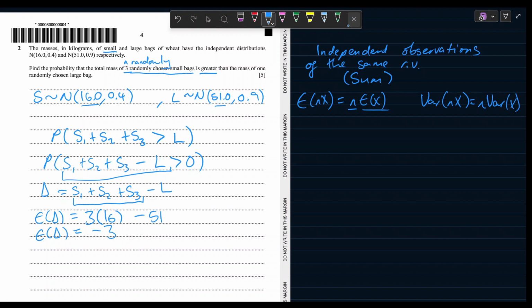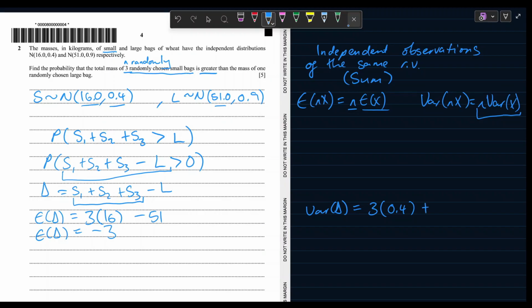And we also want the variance. The variance of D is going to be equal, it's n by x. So for these first 3, it's going to be 3 multiplied by the variance here, which is 0.4. And then we want the variance of L. Remember, variances are always added.